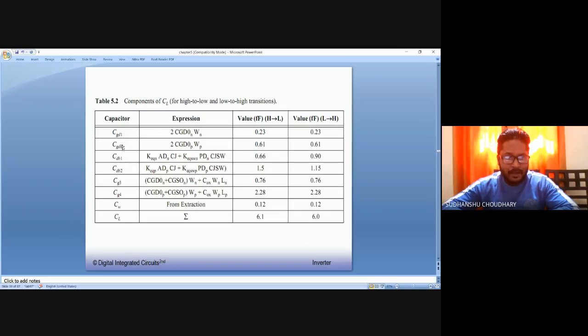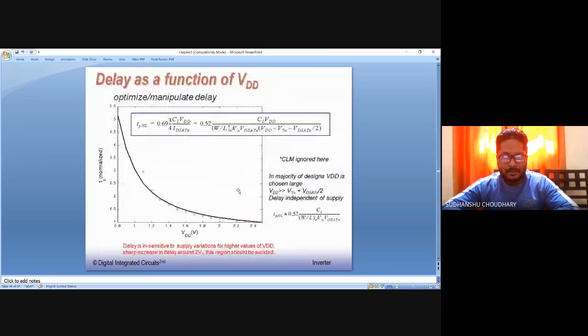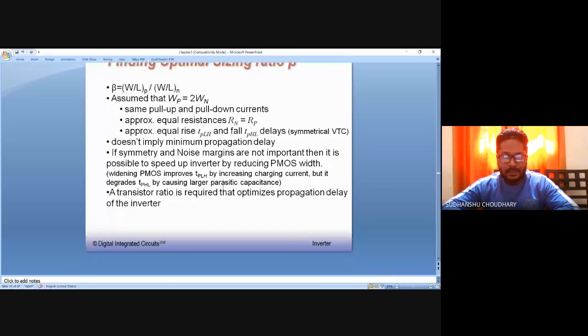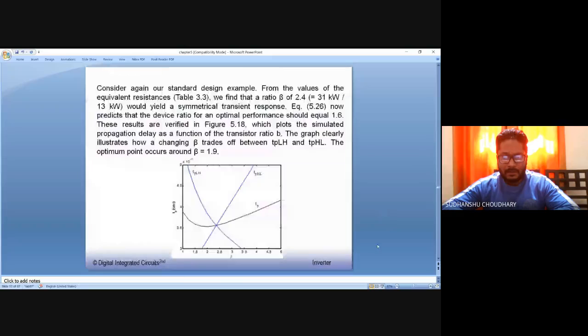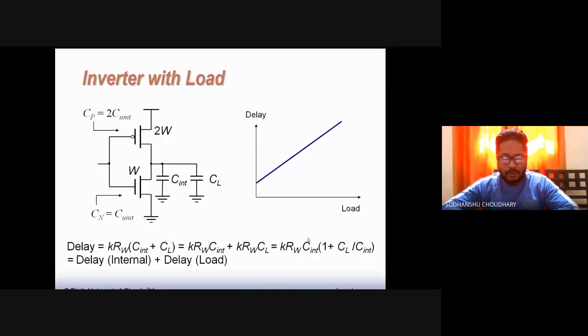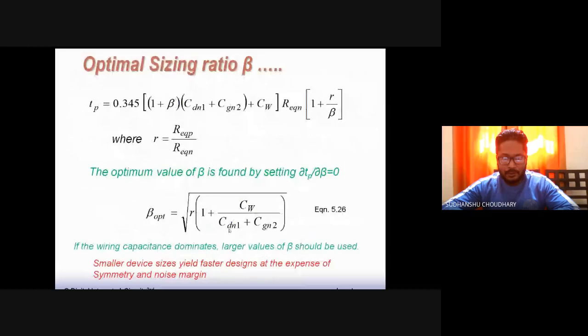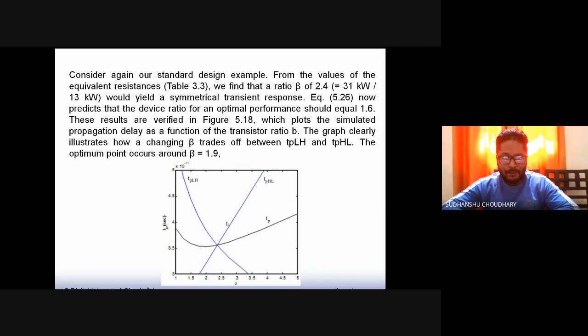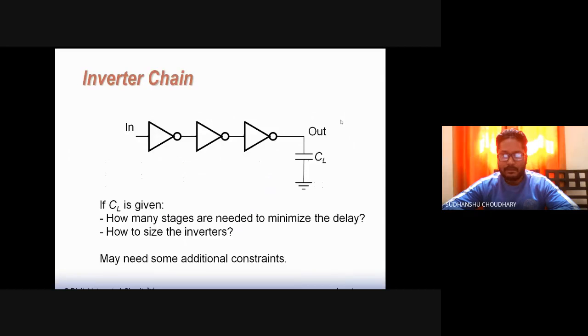Here we had calculated all the drain diffusion capacitances, gate diffusion capacitances, and gate capacitances. We'll utilize these values along with the values of equivalent on resistance of PMOS and NMOS. So optimum value of beta using this equation can be found by filling in all these parameters which we had already calculated. And one can find that the optimum beta, using equation 5.26, comes out to be somewhere around 1.6.